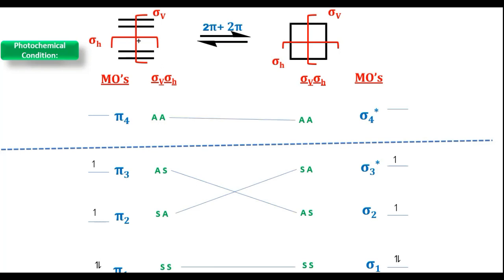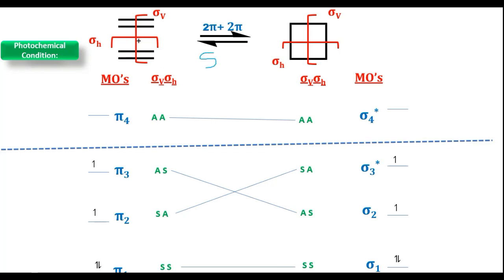So you can observe this does not violate the non-crossing rule. Low energy molecular orbitals of reactants correlate with low energy molecular orbitals of product, and high energy molecular orbitals of reactant correlate with high energy molecular orbitals of product. So under which condition? Photochemical condition.